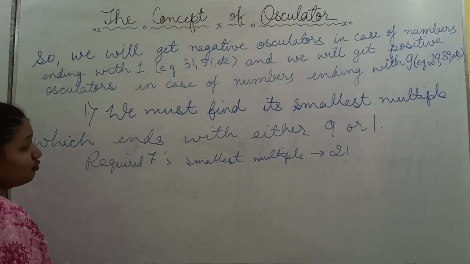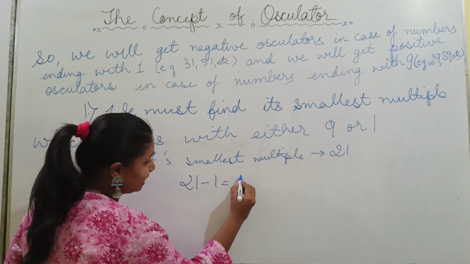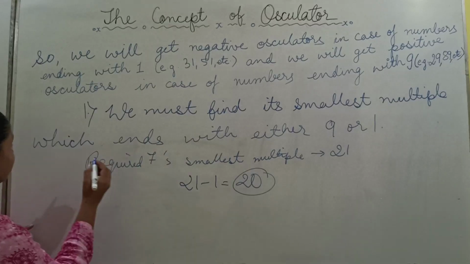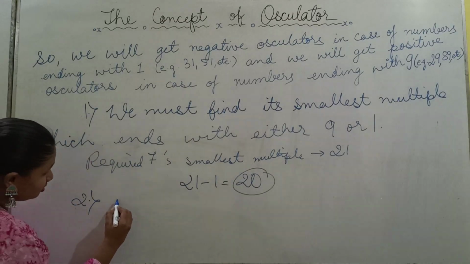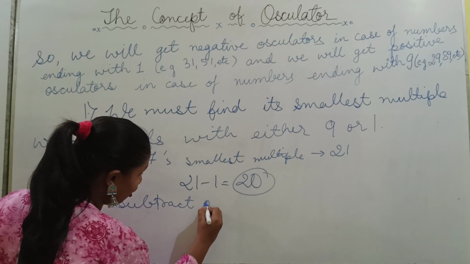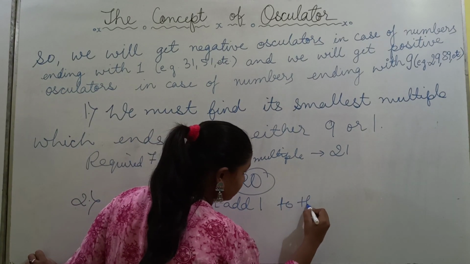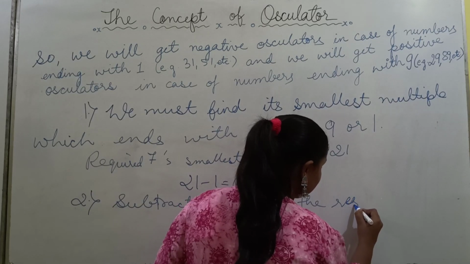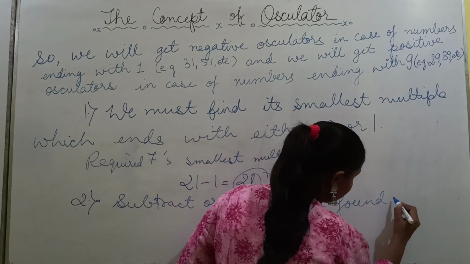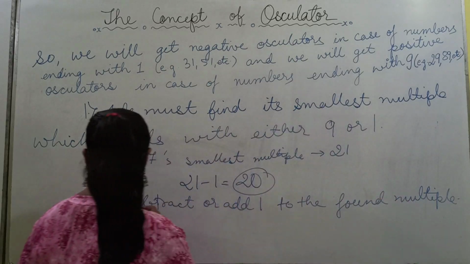Now we will subtract 1 from 21 and get a multiple of 10. So the next process will be to subtract or add 1 to the found multiple of the number.